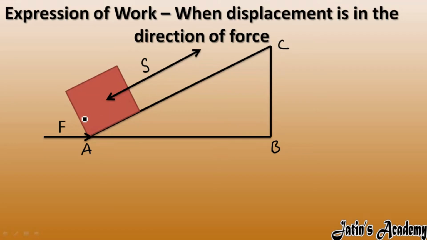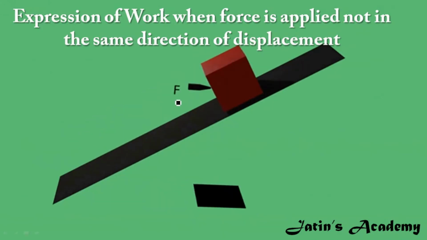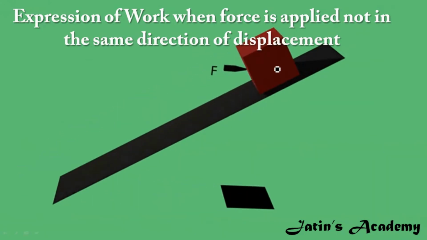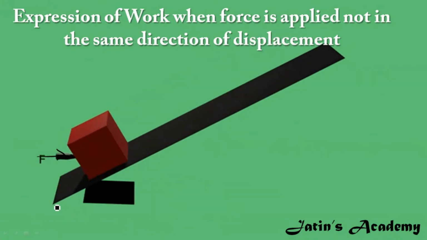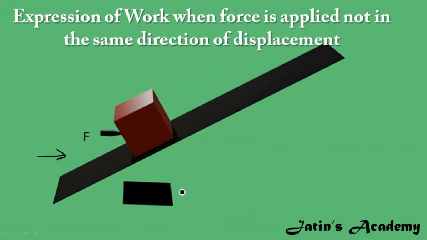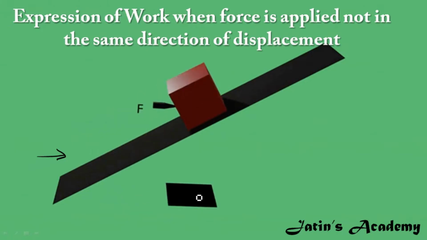AC is the actual displacement covered by the block, but AB is the displacement covered by the block in the direction of force. Okay, so if you carefully see the block, this direction is the force direction and the displacement covered by the block in the direction of force is this shadow.